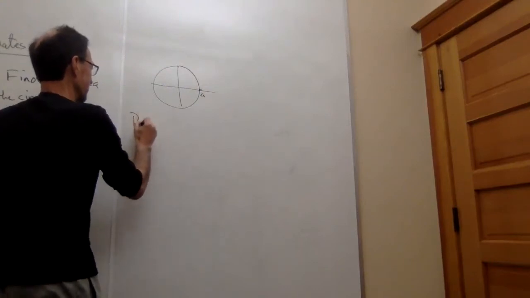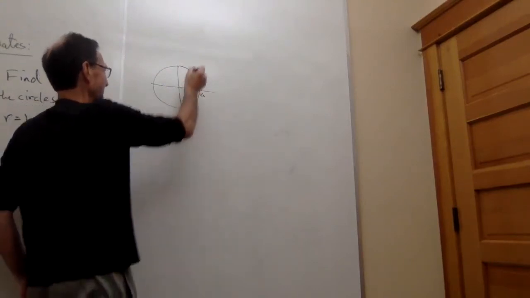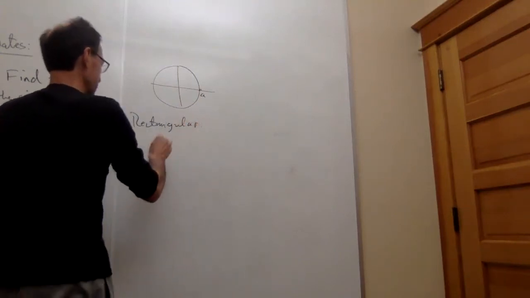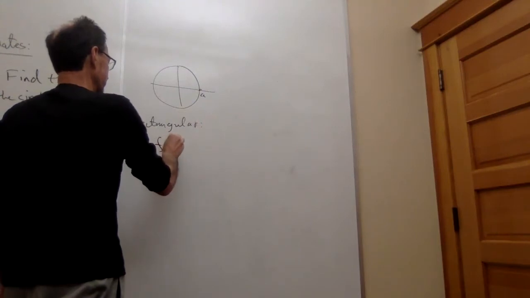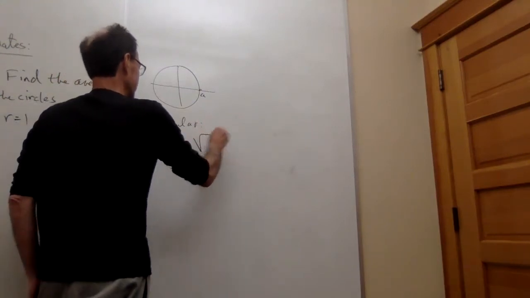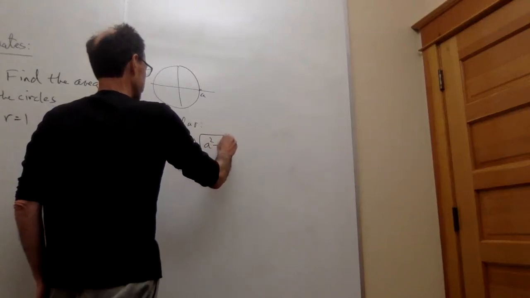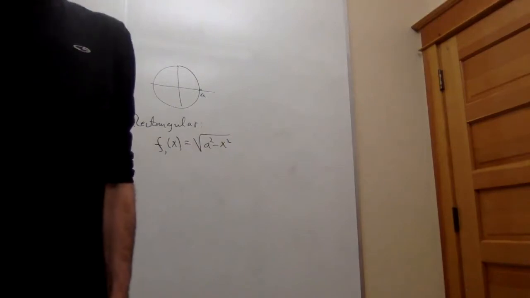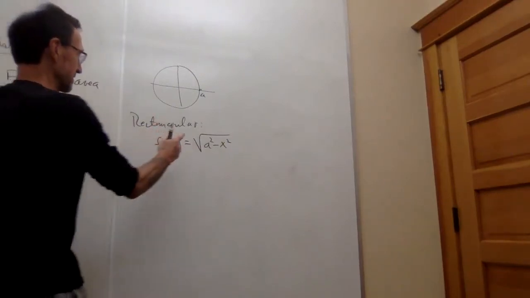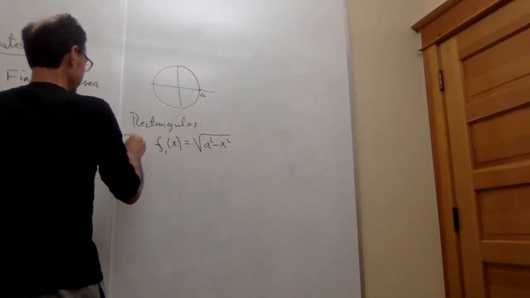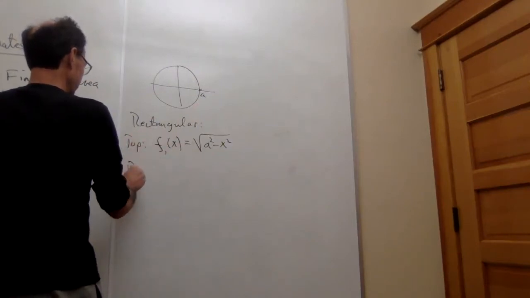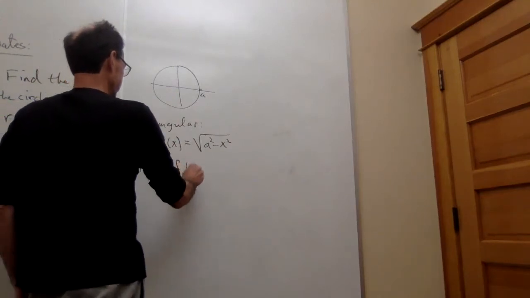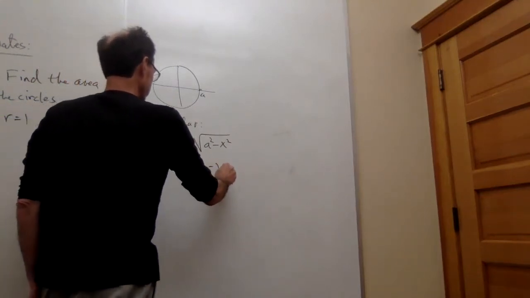Then in rectangular coordinates, if I want to talk about the points on the curve using functions, it actually requires 2 of them. Let's say f1 of x, the top, is the square root of a squared minus x squared. Take the equation for a circle and solve it for y, and you actually get 2 solutions, one for the top and one for the bottom. And we'll call the other f2 of x, and it is the negative square root.